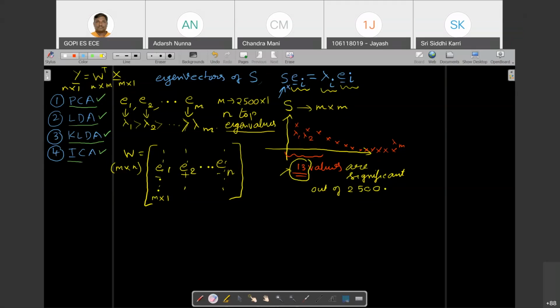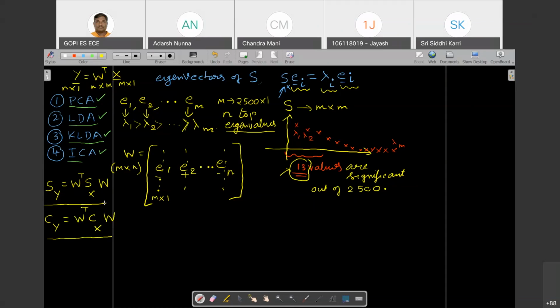There is a very good relationship: Sy is W transpose Sx W. This is the scatter matrix and covariance matrix relationship. We can prove statistically that Cy is W transpose Cx W. Okay, this is important.